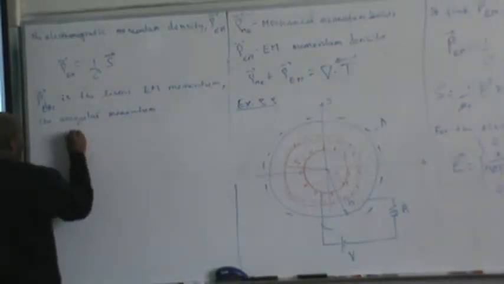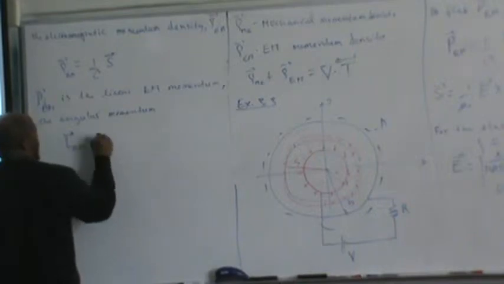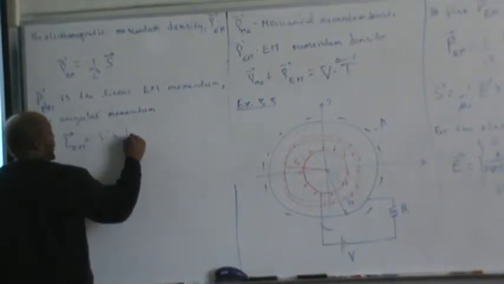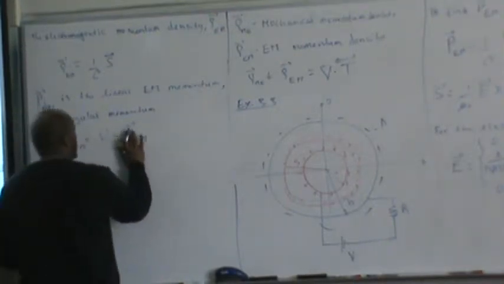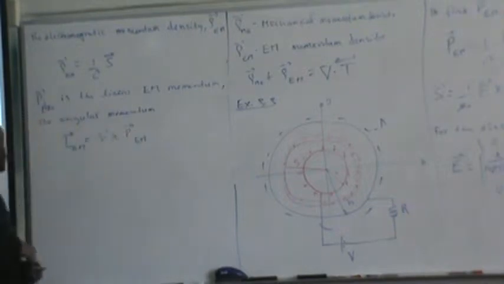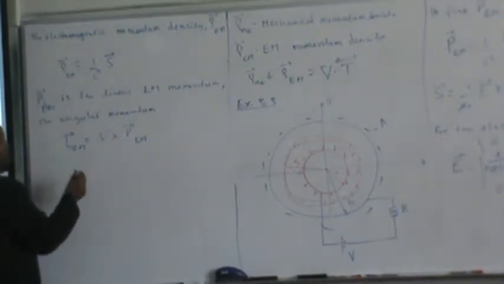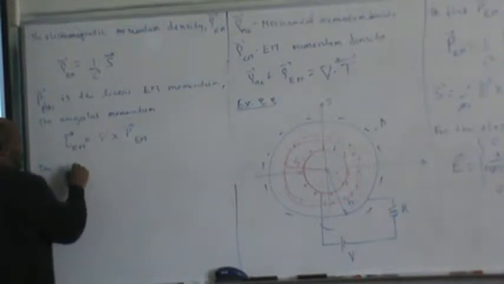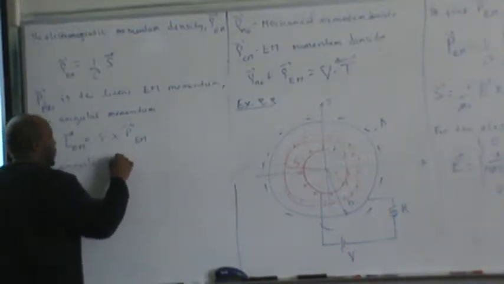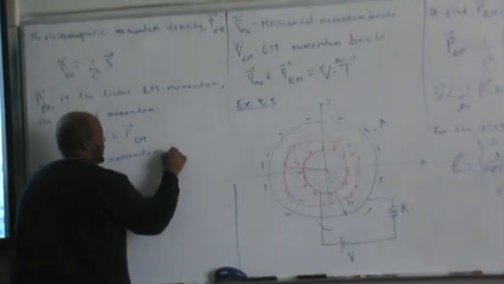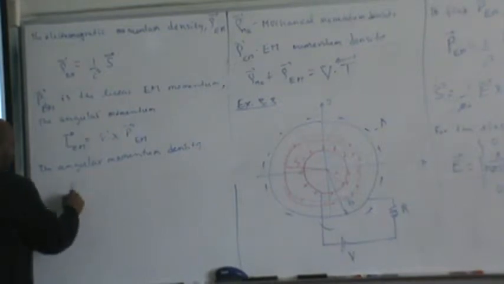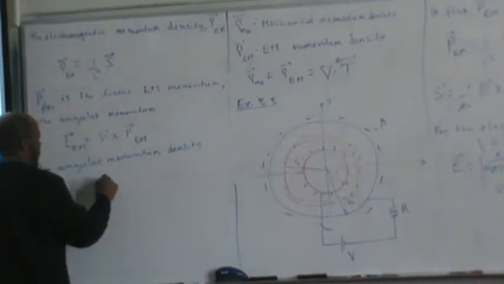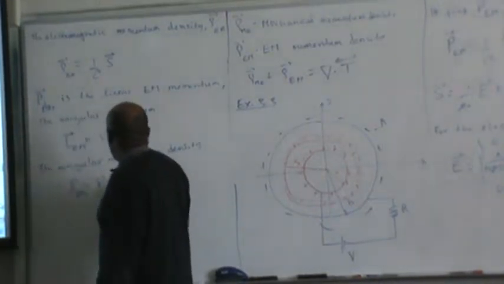L em equals R crossed with P em. So you can write the angular momentum density, small l em, as R cross with rho em.